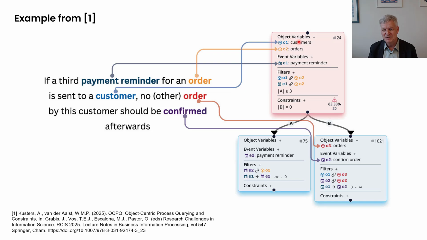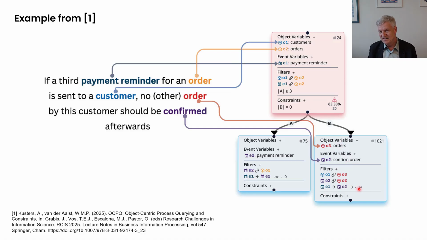Because we did not really use O1 yet. What we do here is look at all the orders that are connected to O1, which is the customer. We look at the confirm order events belonging to the order. So we are now looking at an event confirm order related to O3.